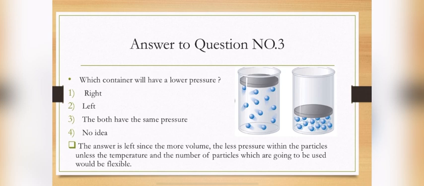In these types of questions in IGCSE, if the temperature or the number of particles is flexible on any side, it is going to be written. When it's not written, it means that the temperature remains constant, and the number of particles and the total mass of the particles on both sides are constant. So the answer is choice number 2.